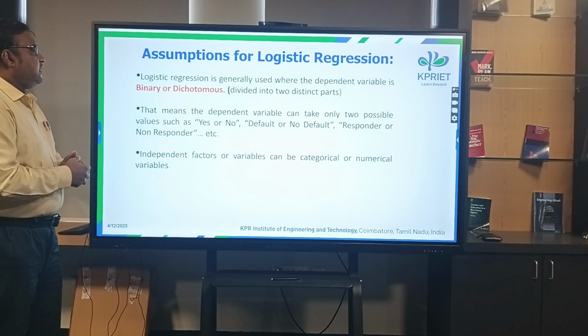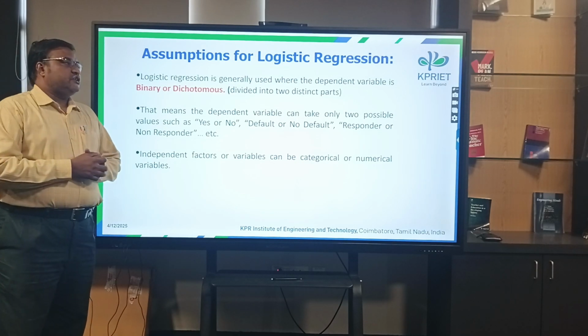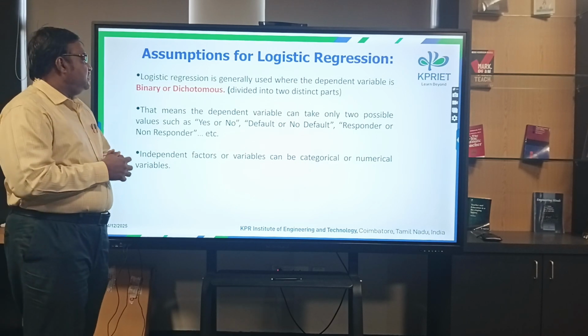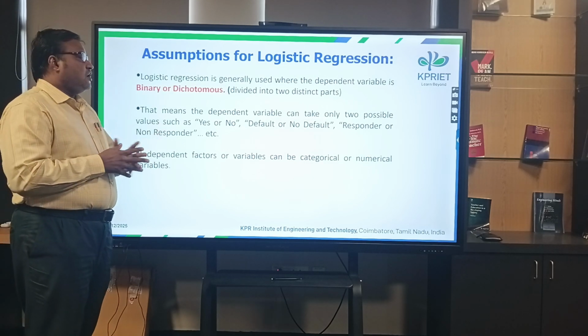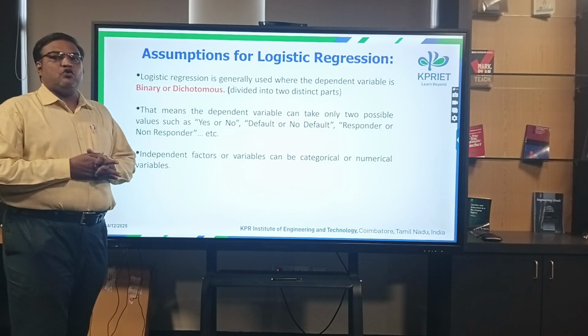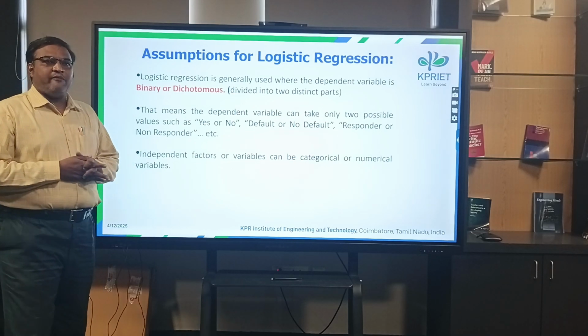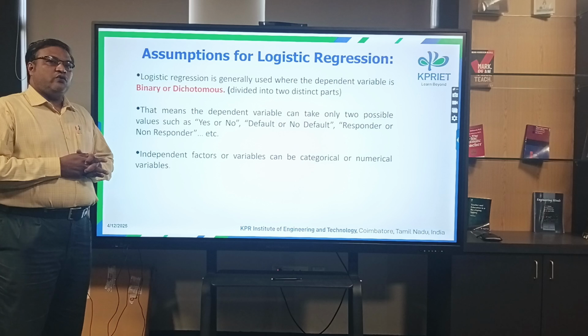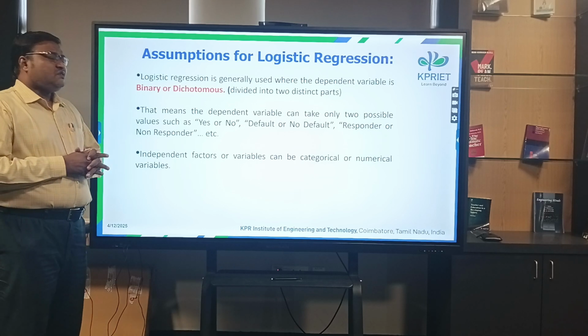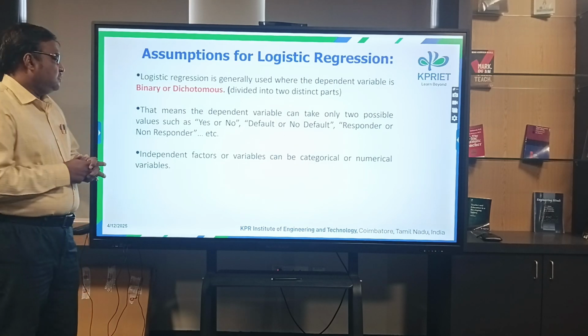Logistic regression is used when the dependent variable is binary or dichotomous. What is meant by dichotomous? It means divided into two distinct parts, so it will have a maximum of two values used for classification.